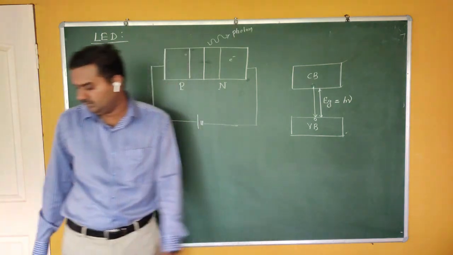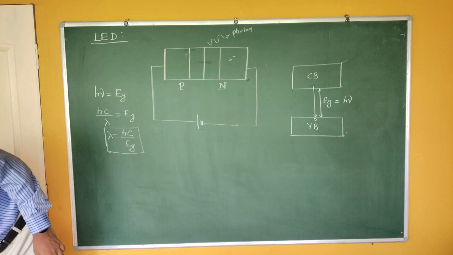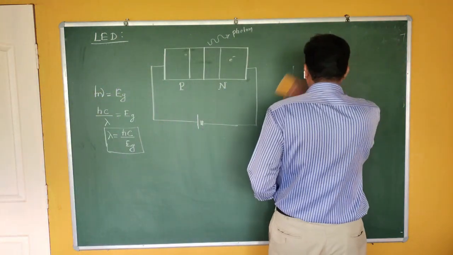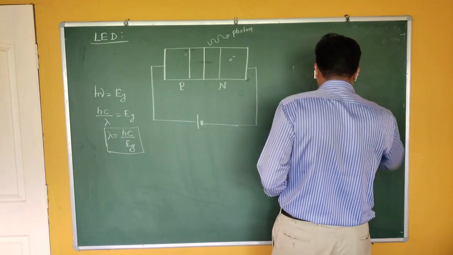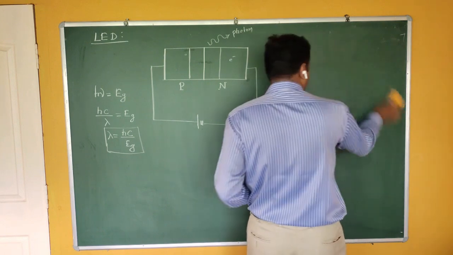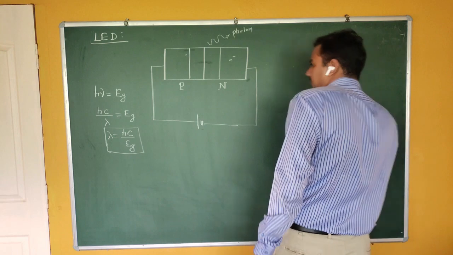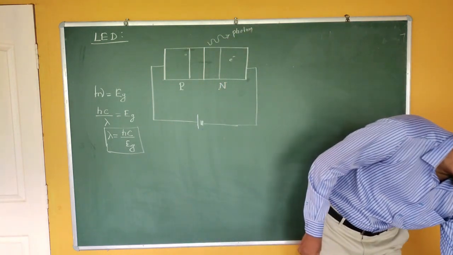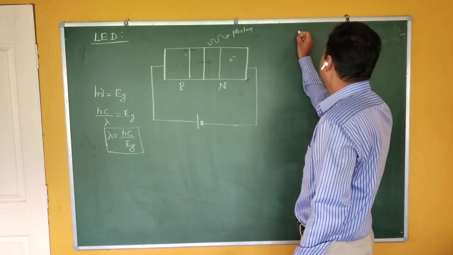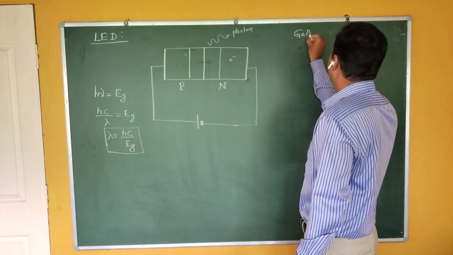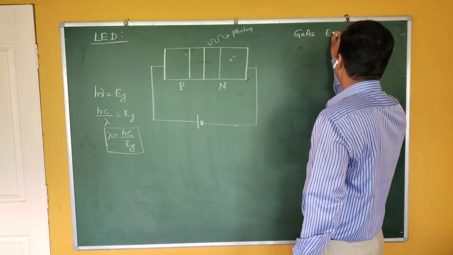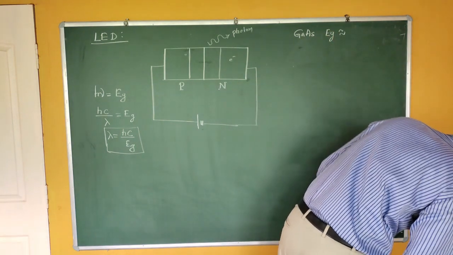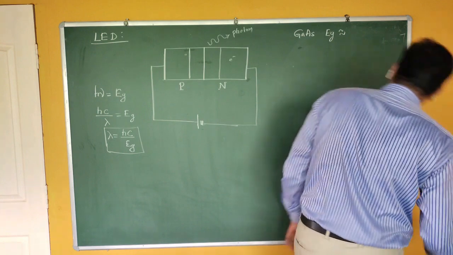In the market we can see that there are various types of diodes which emit different colors. It all depends on the energy gap. If you take gallium arsenide, its energy gap is approximately 1.9 electron volt.